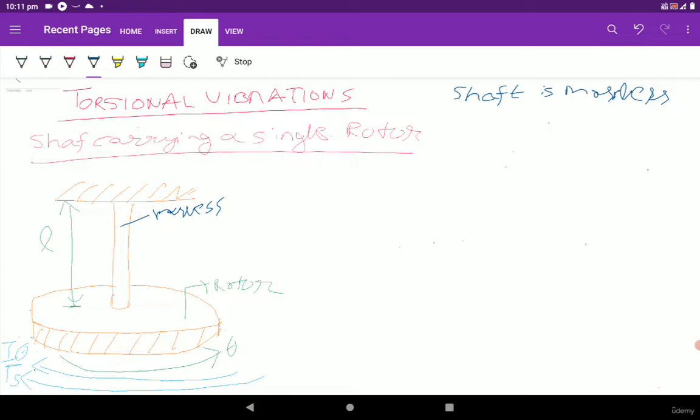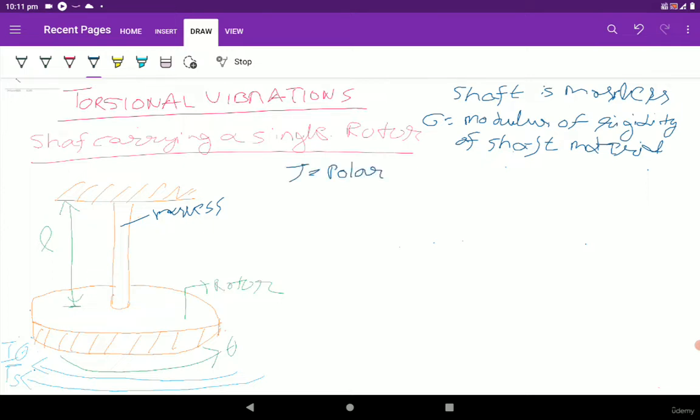Here G is the modulus of rigidity of the shaft material. J is the polar moment of inertia of the shaft.